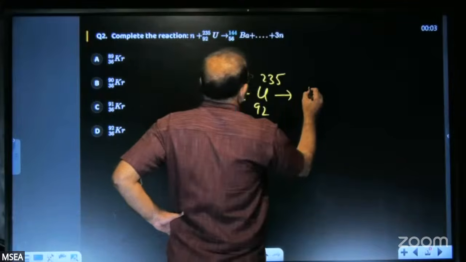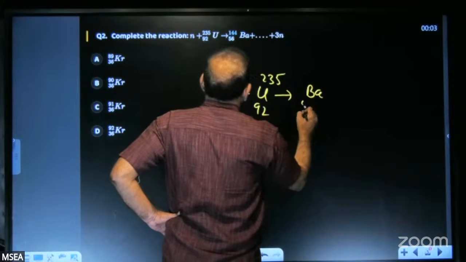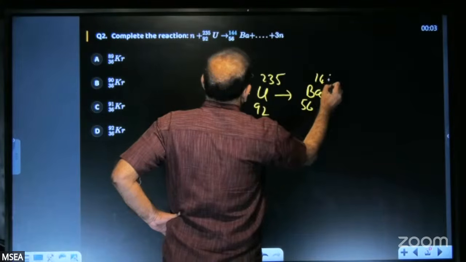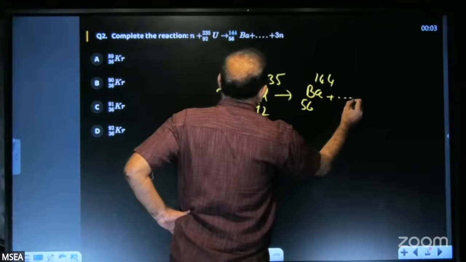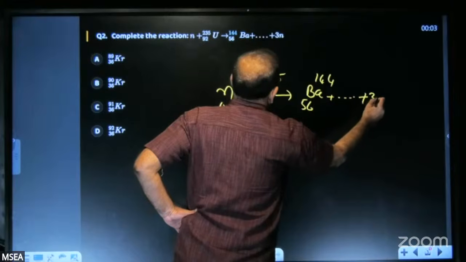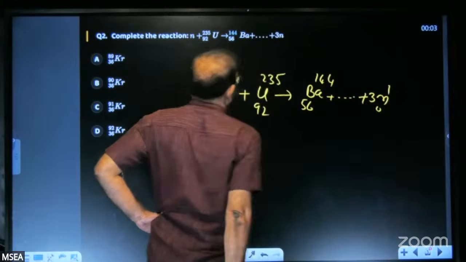Fission reaction this is. Barium 56 144 plus dash plus 3 neutrons.